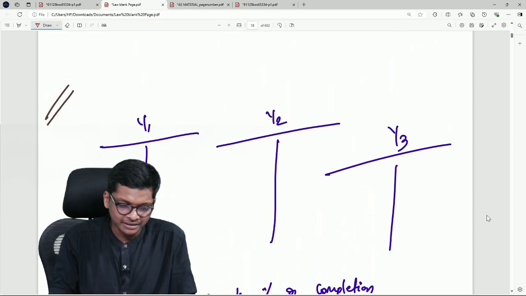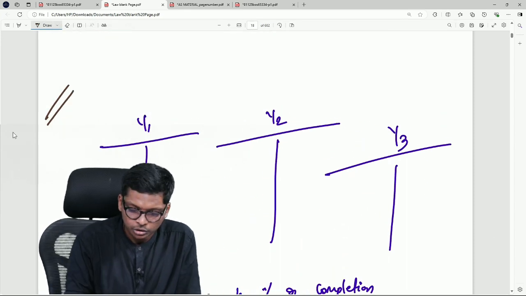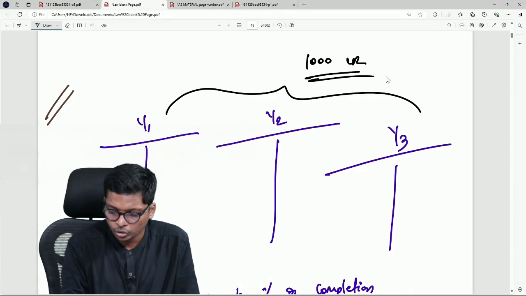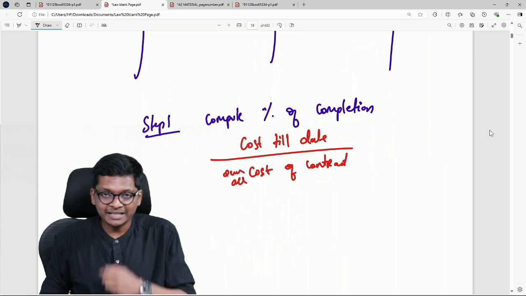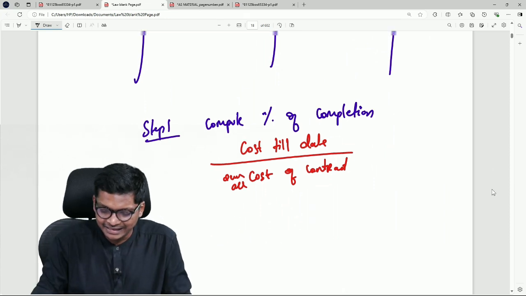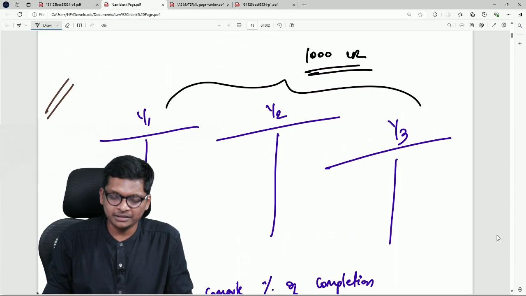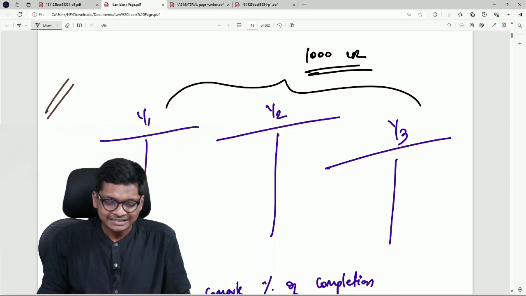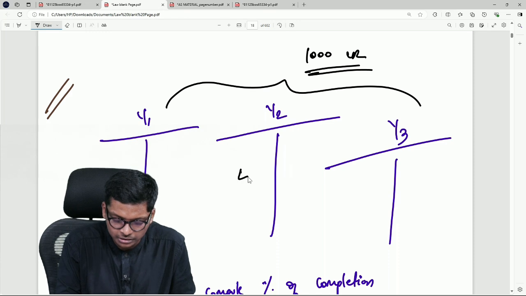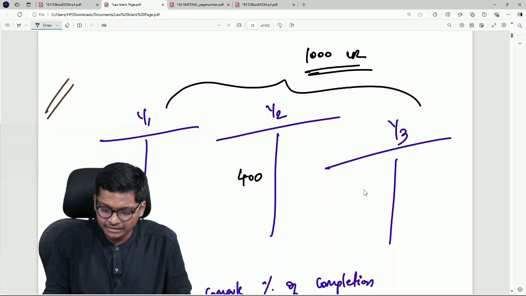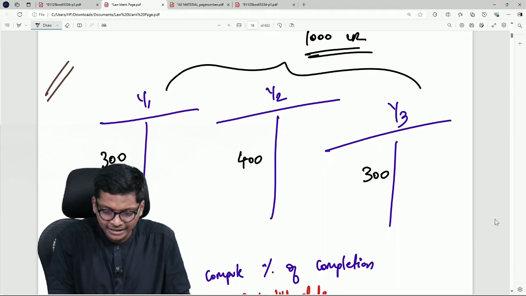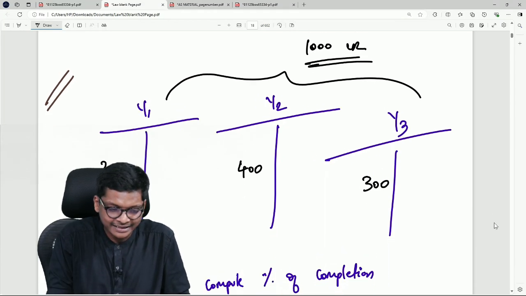For example, let's say here the overall contract for 3 years is 1000 crores. Okay. Now they are saying cost till date in each of these years. First year they are saying cost is 300. Second year they are saying cost is 400, and third year again they are saying cost is 300. So totally all the 3 years put together again 1000 is coming.